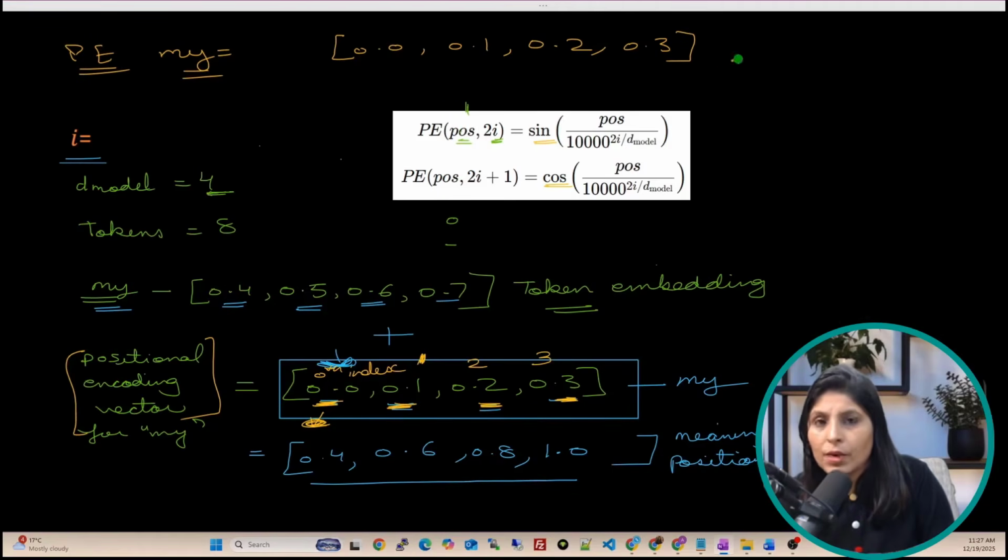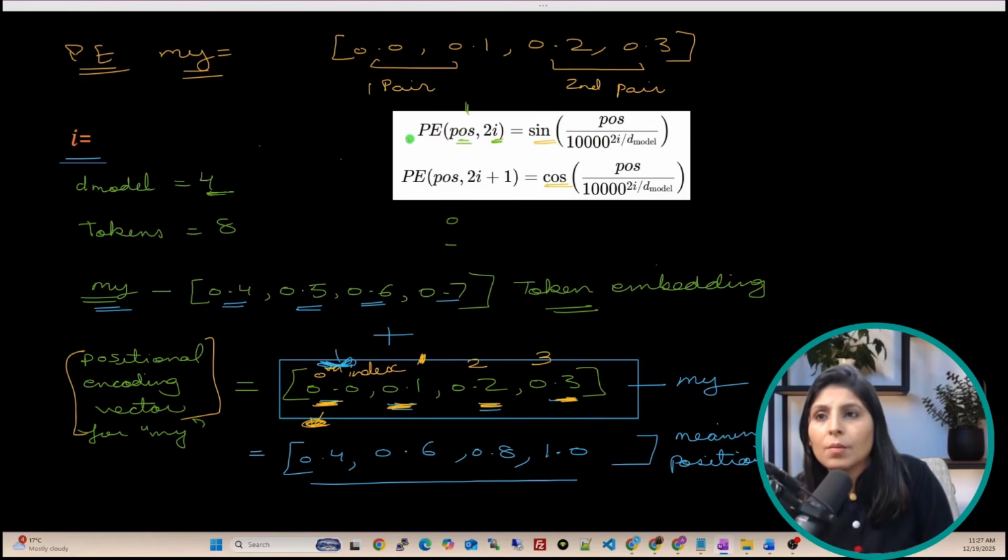So these are the four values. The first two indexes are one pair, and these two values are the second pair. So like this, you will work in pair.